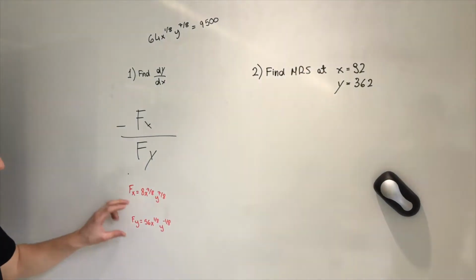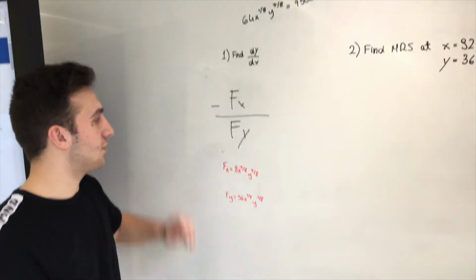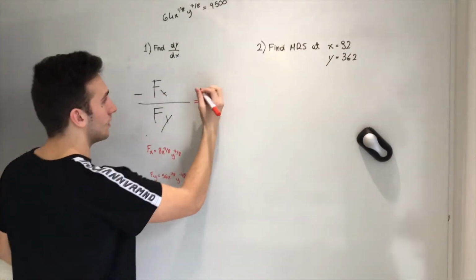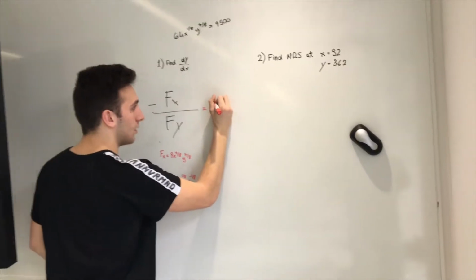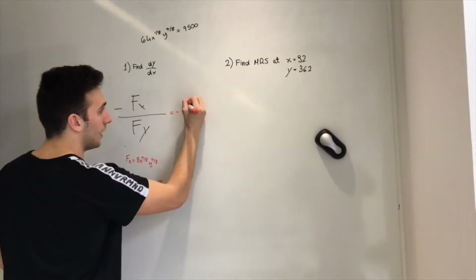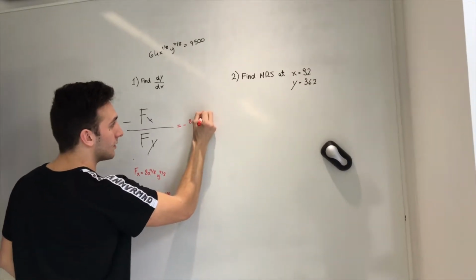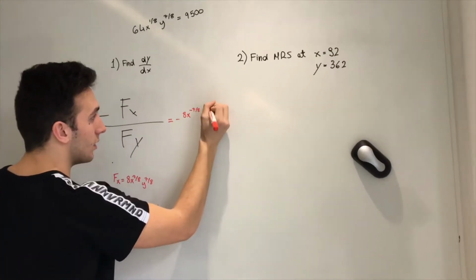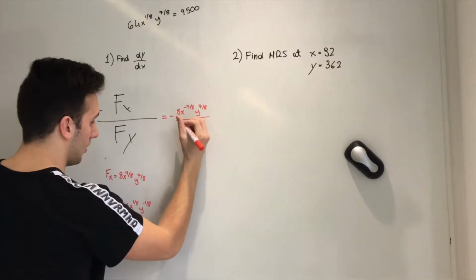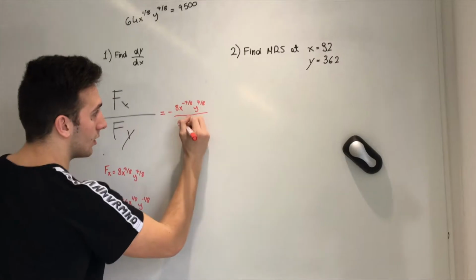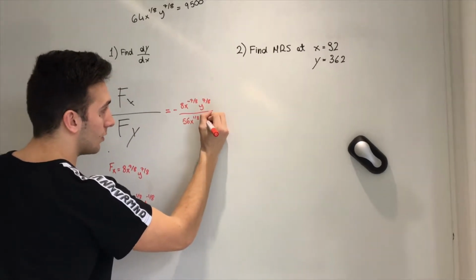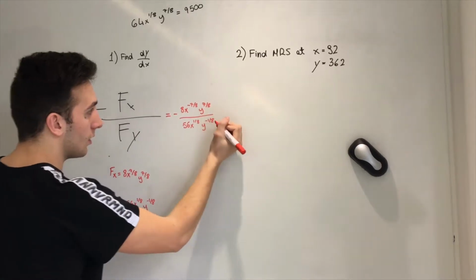And then after we find both of these, we have to plug them into the equation, which would be 8x to the negative 7/8, y to the 7/8, over 56 x to the 1/8 over y to the negative 1/8.